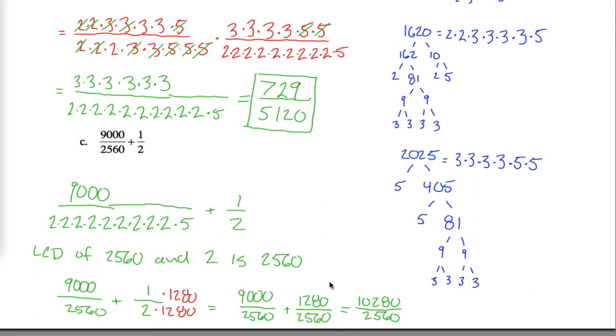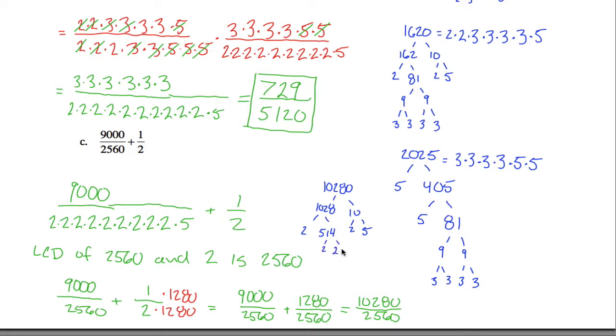In order to do that, I need the prime factorization of 10,280. Well, it's something times 10. 1028 times 10. I know 10 is 2 times 5. 1028, that's an even number. So that'll help a little bit. It's 2 times something. In this case, that something is 514. Still even, so it's 2 times something.